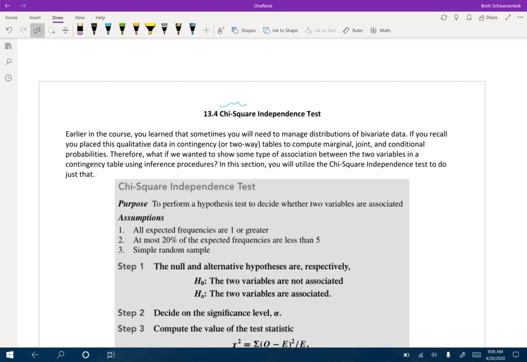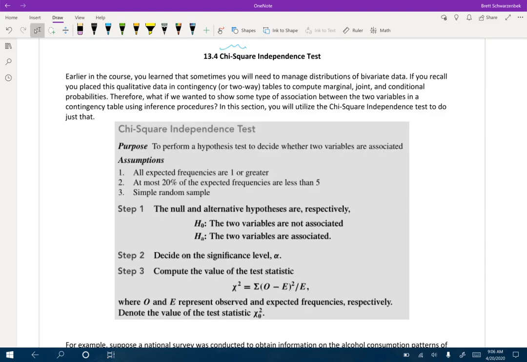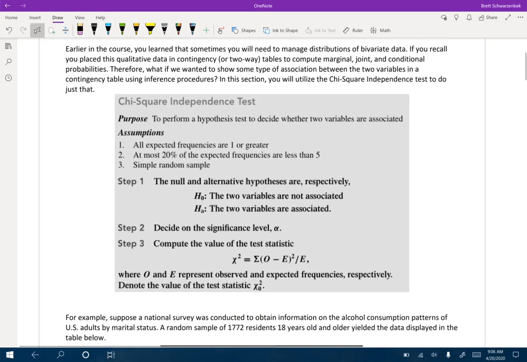So just to get started, get your mind frame into, okay, we have a contingency table. We always have two variables in said contingency table, often called a two-way table. So what if I need to find if there is an association between those two variables? So let's start with the test.